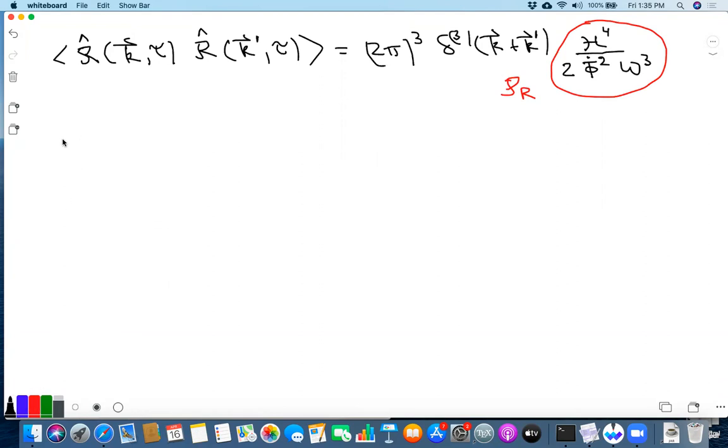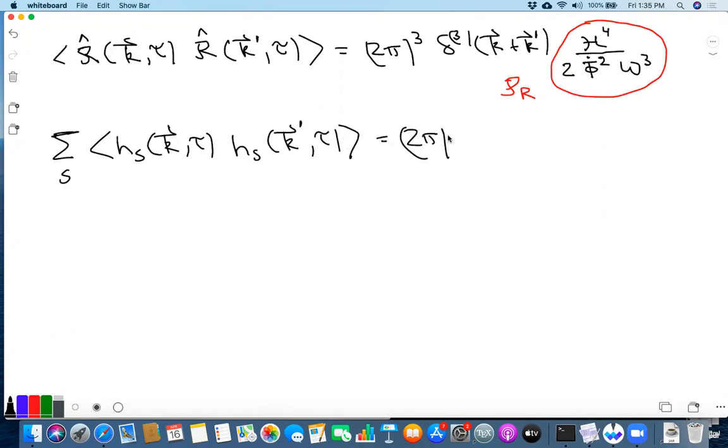Then we had this other quantity, sum over S, Hs of k tau, Hs of k prime tau. So this was 2 pi cube delta q k plus k prime.